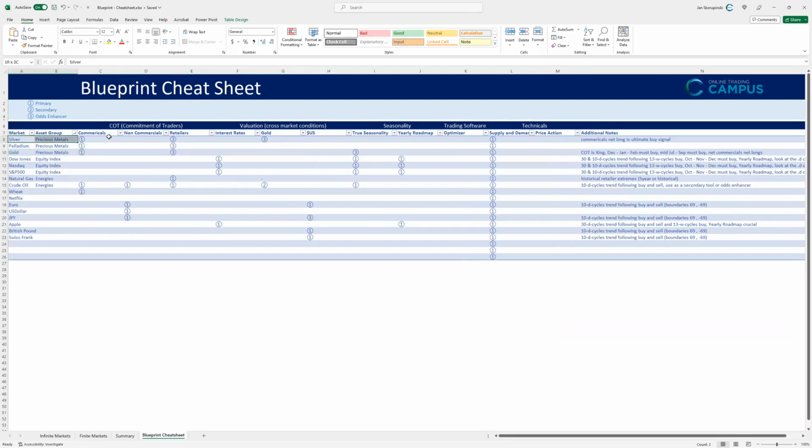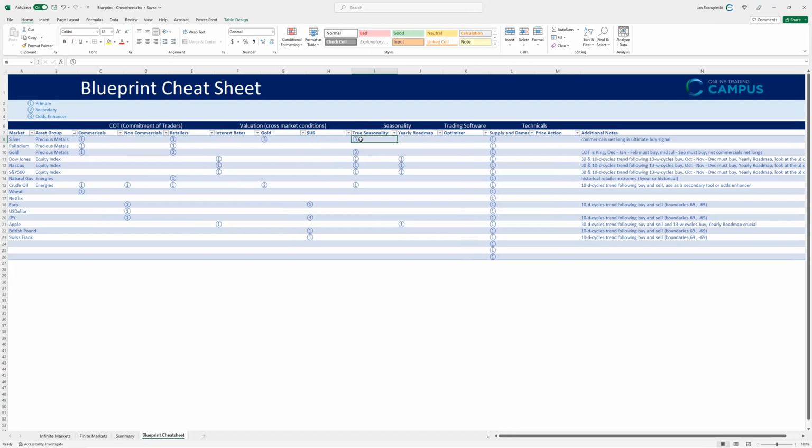So for gold and for silver, we're going to look at the commercials, they're king. Then the retailers we're going to look at as an odds enhancer. For silver, we can also look at gold. And of course, we're going to look at the true seasonality here as well, right? And the true seasonality, if we call it a secondary or an odds enhancer, I think either one would be fine here.